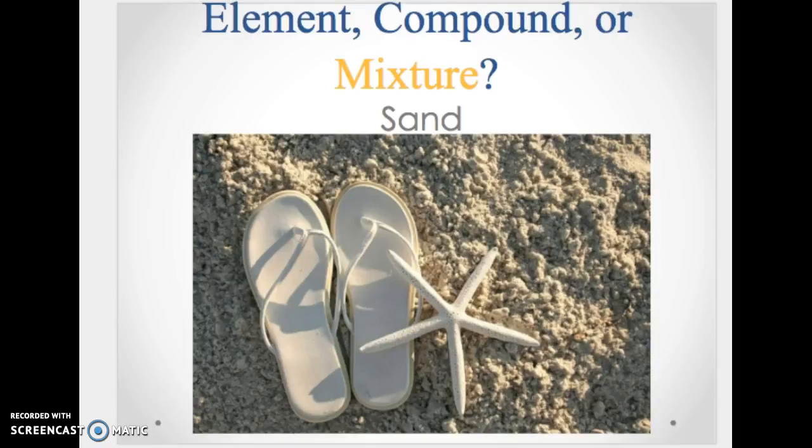That will tell you whether or not it's an element, compound, or mixture. It could be a mixture of elements and compounds. It could be a mixture of different compounds or two different elements. That's what you really need to pay attention to in each of those little drawings, okay? There is some pure elements, there is some pure compounds, but we can't necessarily say that it's a pure mixture. There is no such thing, okay?